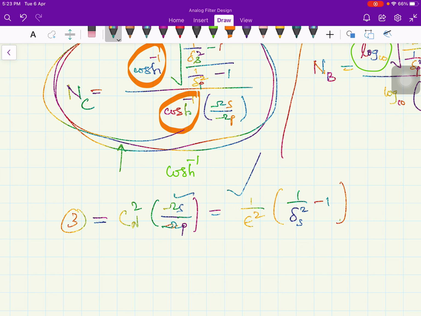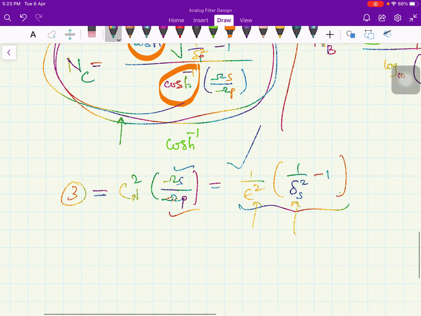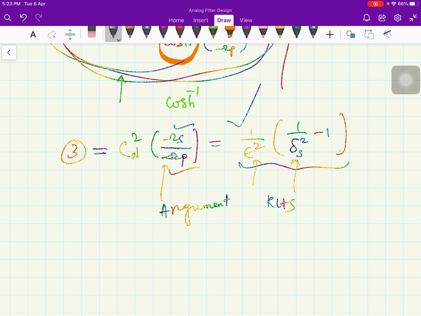Omega s is given and omega p is given. And you know the right hand side, epsilon you know, and delta s also you know. So you have a numerical value for the right hand side, and you have the numerical value for this argument of your polynomial.